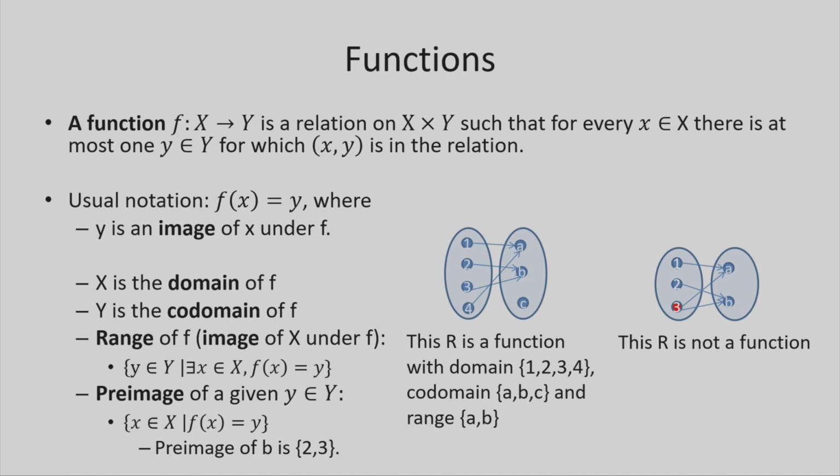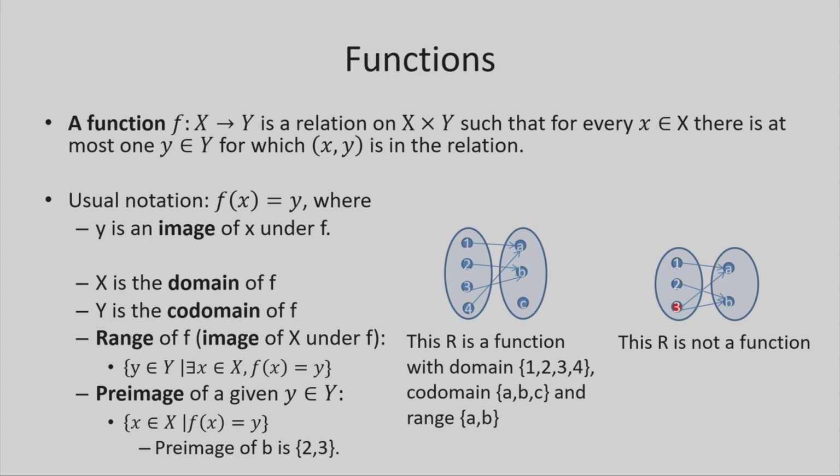So we talk about a function being from one set to another set, taking elements of a set x and mapping them to elements of the set y. The set x is called the domain of the function, and y is called the codomain of the function. All it is, is that f takes elements of x and gives us something in the set y.